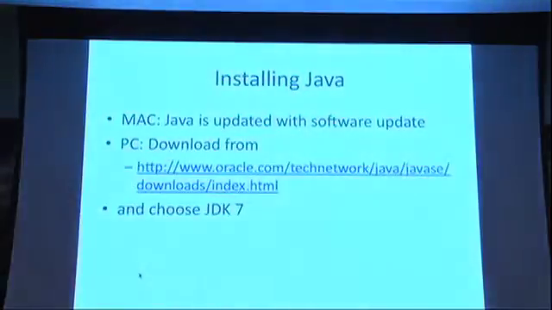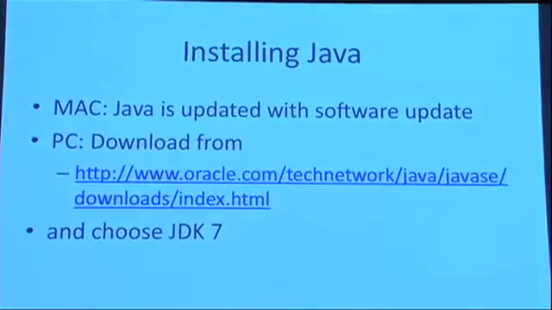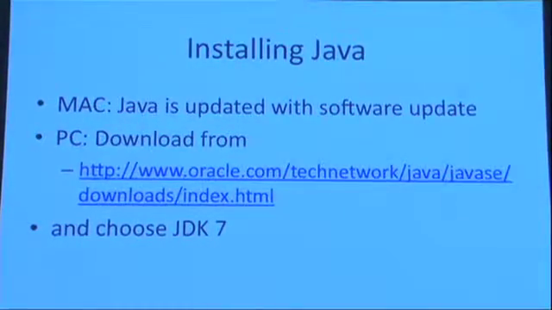So the first step to running Java programs and ultimately writing Java applications is installing Java on your computer. To install Java on a Mac, it's pretty simple. It's already installed on there, so you just go to the software update tool.